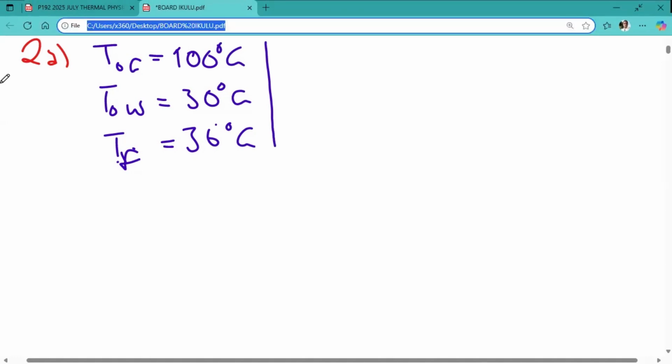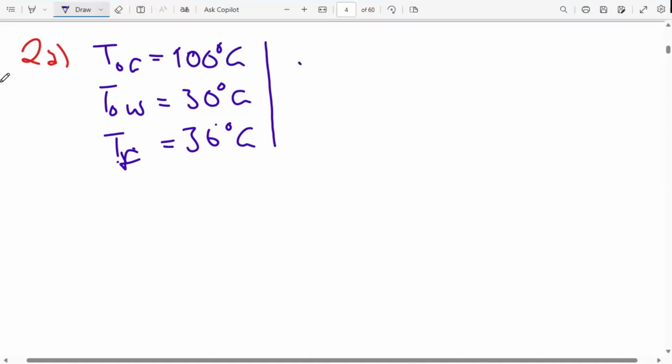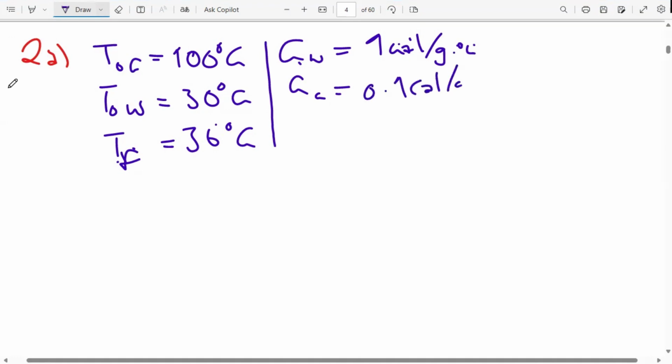And what else? They've given us the specific heat capacity of water, so we have the C of water and the C of copper. The specific heat capacity of water is 1 calorie per gram degree Celsius, and the specific heat capacity of copper is 0.1 calories per gram degree Celsius.